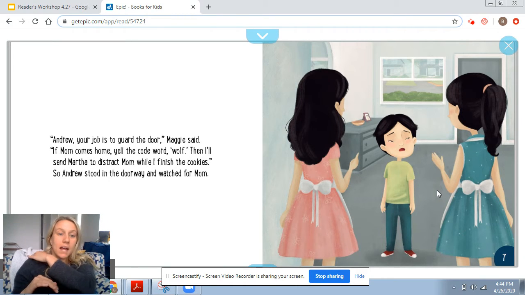Give yourself a pat on the back if you said Andrew, Maggie, Martha. They're the three characters in this story. Now I want you to think about the setting. The beginning of the story is the characters and the setting. Where does this story take place? You're right, their house. So they're at home. Or you could even be more specific and say the kitchen, because that's where they're making the cookies.